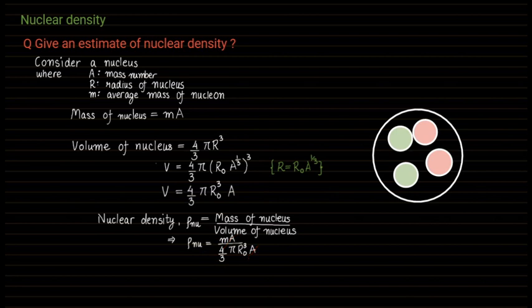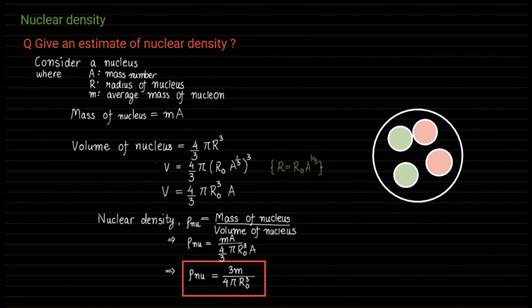So I can write the nuclear density rho as 3m by 4 pi r naught cube. Clear? So this is the formula for the nuclear density, where 3 is a constant, the average mass of the nucleon is also a constant, 4 is a constant, pi is a constant, r naught is also a constant, which I showed in the last class.